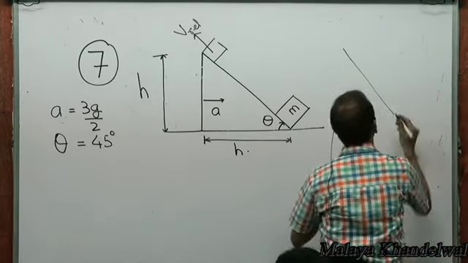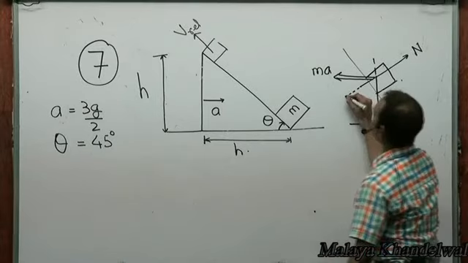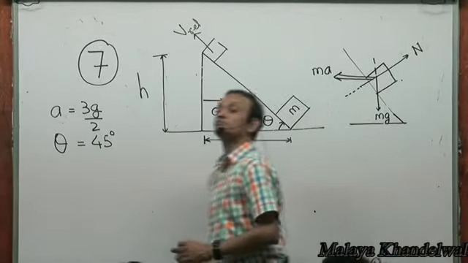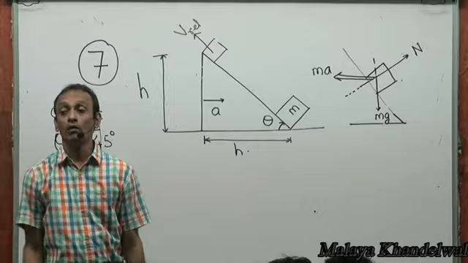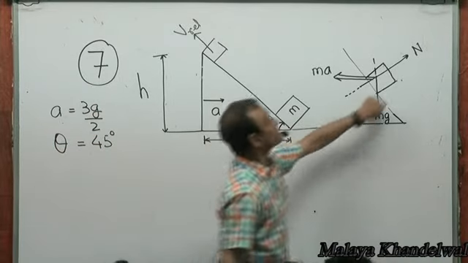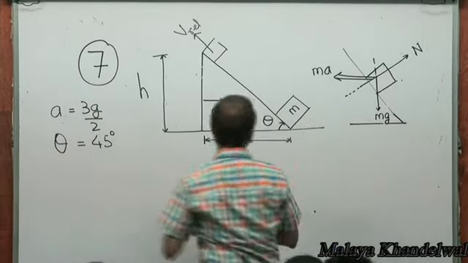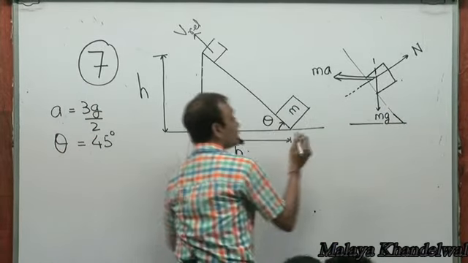And if the inclined plane has an acceleration a to the right, then in the inclined plane frame of reference, which is a non-inertial frame, there is going to be a pseudo force small m into a to the left. Yes or no? Tell me if you're convinced about all the forces. These are the real forces, mg and N. So this is all the description in the inclined plane frame of reference.